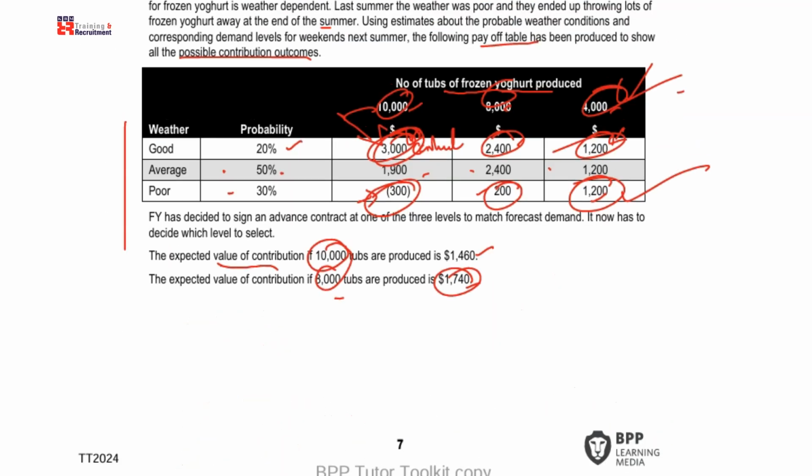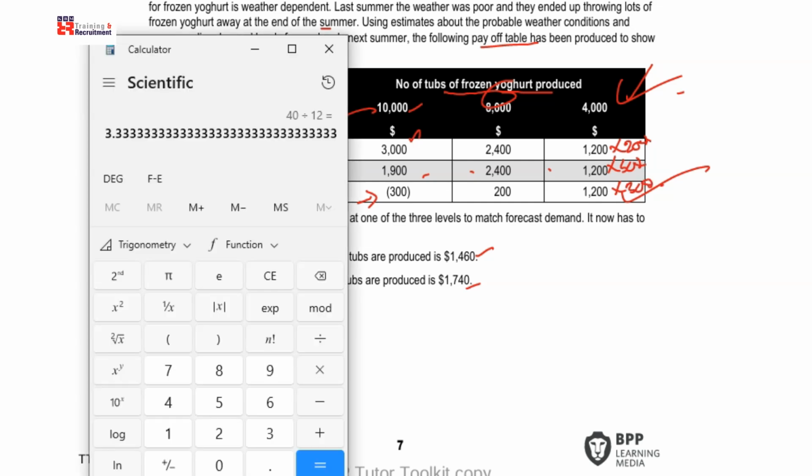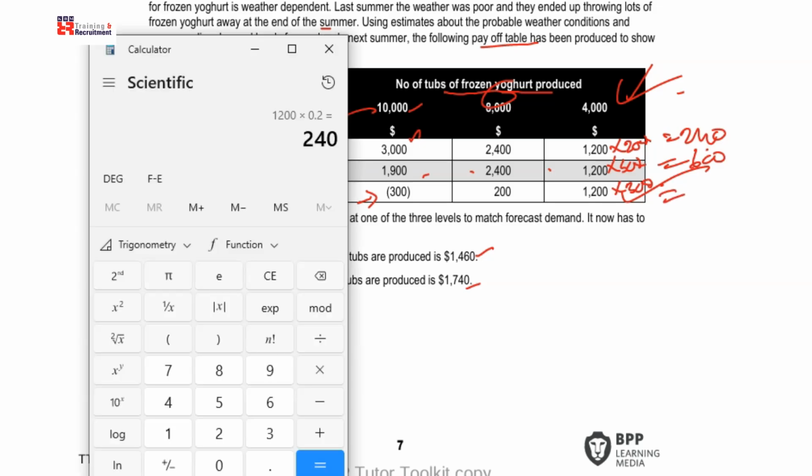Let's do it. Let me erase this bit. Right. So production, 20%, 50%, and 30%, isn't it? Can you do a calculator? 20% of 1,200 gives you 240, and 50% is 600. Little mental maths is all right. And 1,200 times 0.3 is 360.